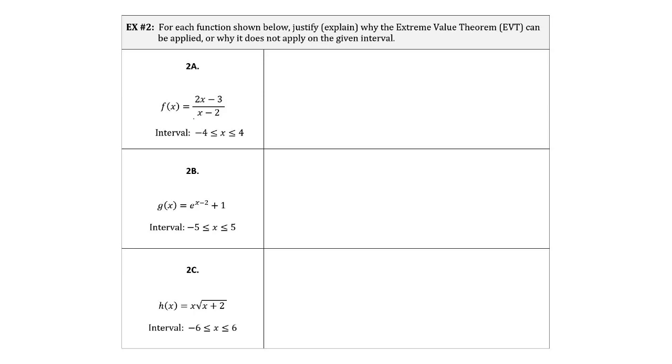So if we look at 2a, very quickly notice how our function is rational. And so we need to check that denominator against our given interval. Notice that if I plug in a positive 2, I would get 2 minus 2 in the denominator, which is going to give us 0. And we can't divide by 0. So here, that positive 2 that we're looking at is inside this interval. So our extreme value theorem does not apply here.